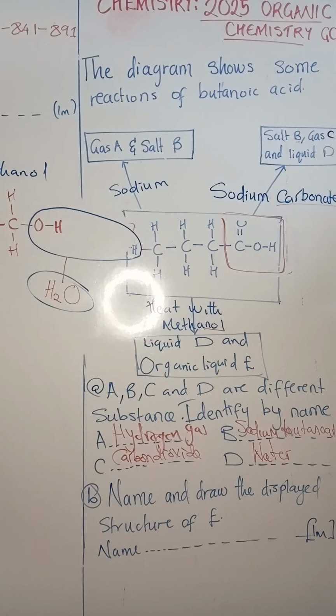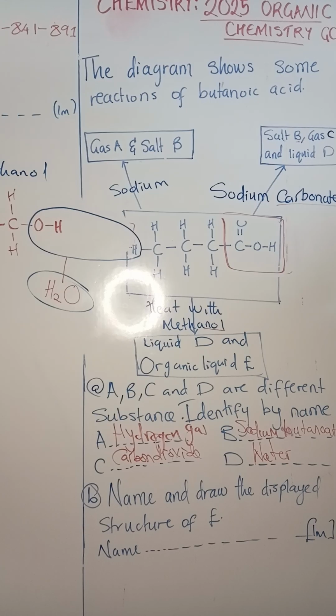So that ester will be called methyl butanoate. Are we getting the point? Methyl butanoate. That is what we call the name of the ester that is formed. According to the question here, again they're saying name.